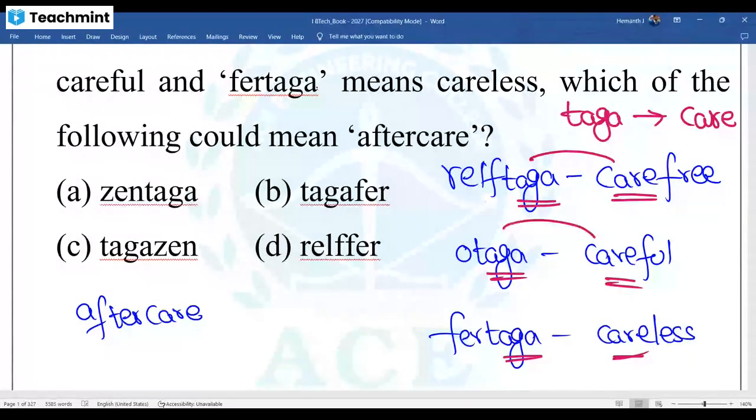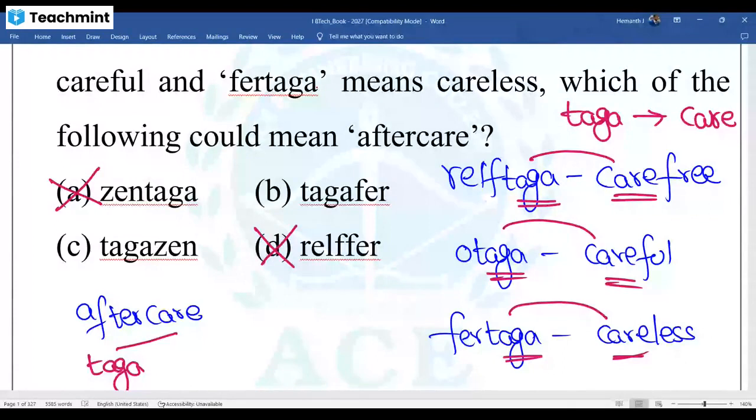If care is at the last, TAGA should be first. So options A and D are eliminated, because I want TAGA first. TAGA care is there, so TAGA is mandatory. Next, "after" is available.